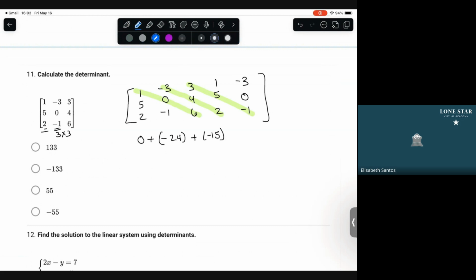And now we're going to go in the opposite direction. So here's the first 3. So 6 times 5 is 30. 30 times negative 3 is a negative 90.